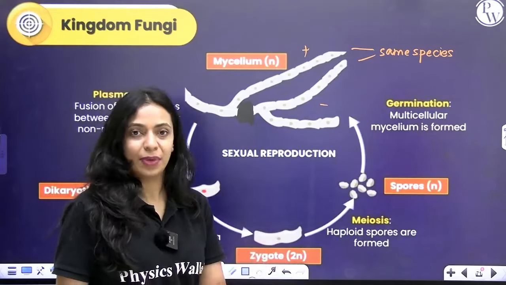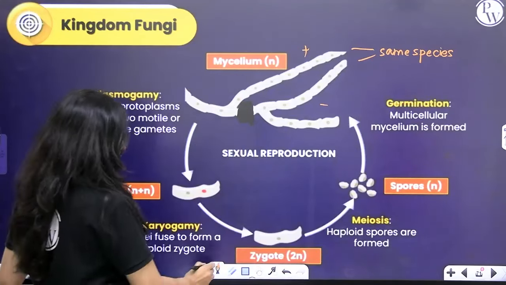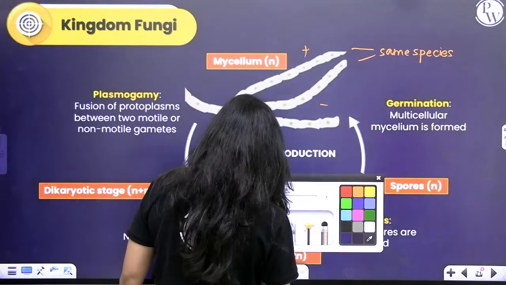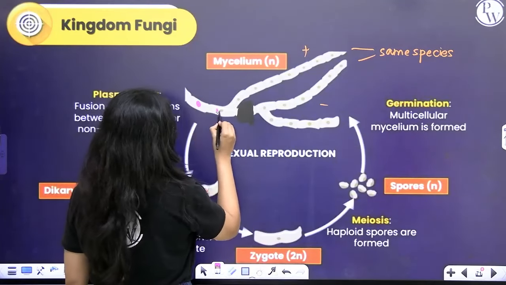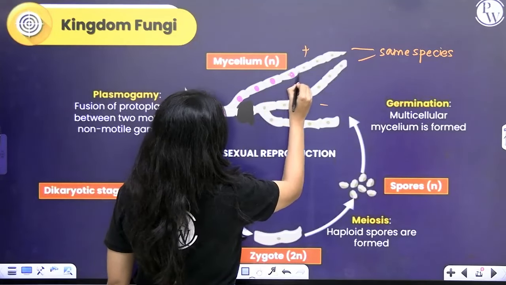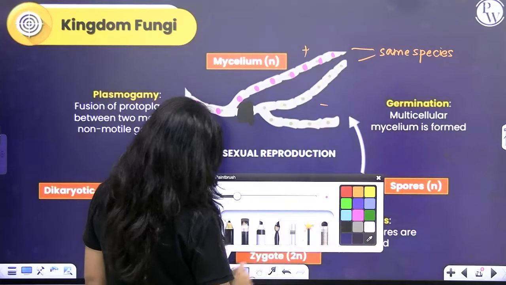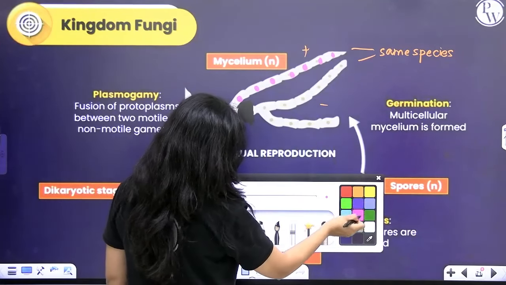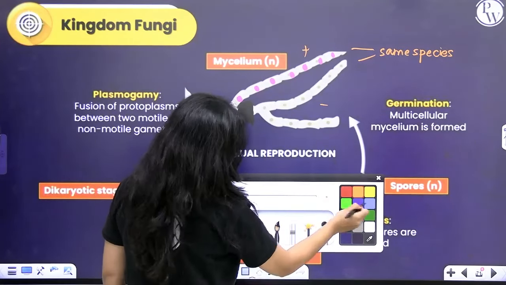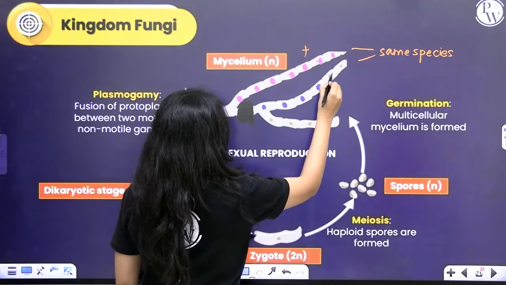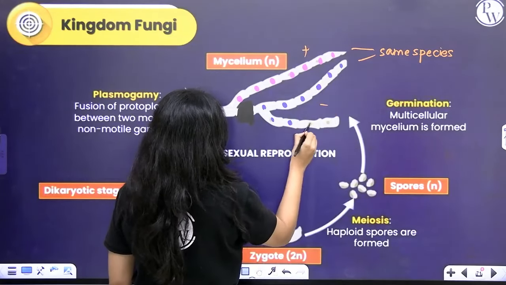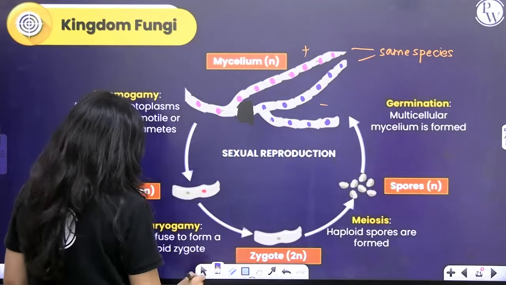Similar to how we have males and females, here you call it opposite mating types. Let us differentiate this by using different colored nuclei. Okay, so one of these we'll make pink, the other one we'll make blue. So these cells are haploid.